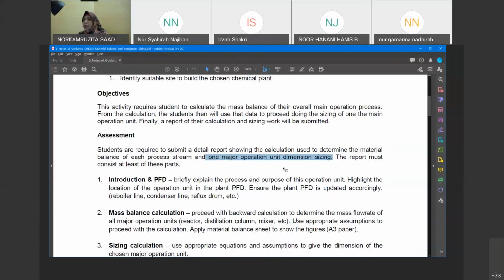So you do the balance first based on the estimation of the flow that you have for each stream. And then you have to determine the purity of your product and how much recovery you are expecting to have. Normally we're going to have maybe 70%, 80%, 90%. It must be rational, and you must have a justification for that particular percentage of recovery of your product.